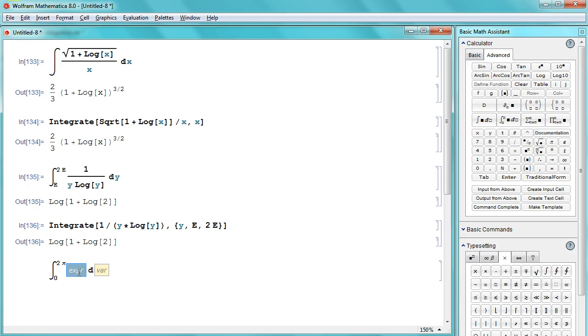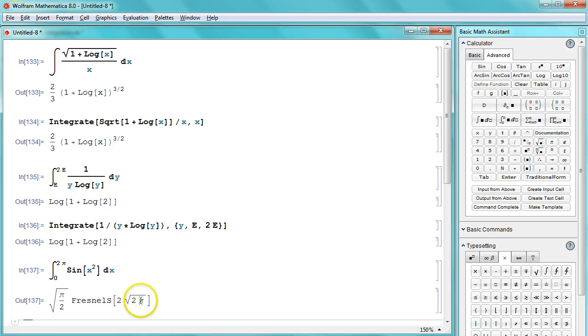And then let's go to sine of x, sine of x squared, dx. And let's see, I have a feeling Mathematica may not be able to calculate that. It may. Let's just run it.